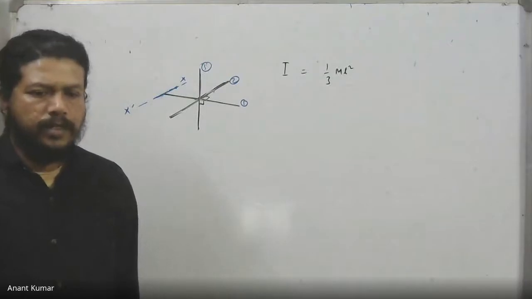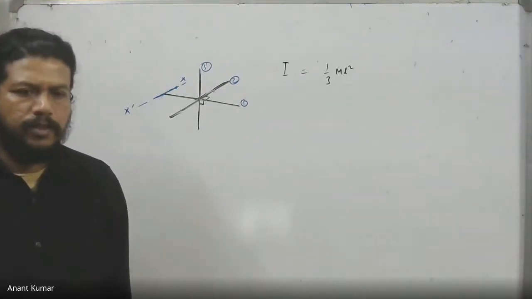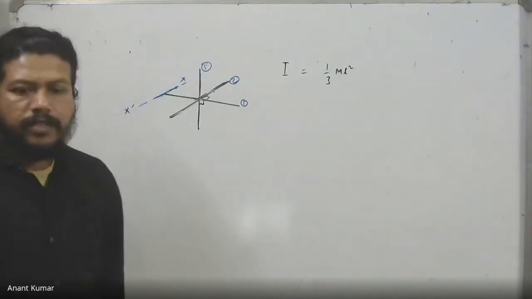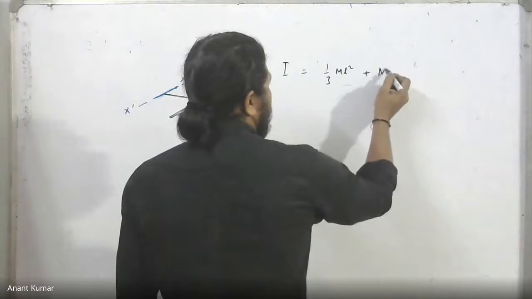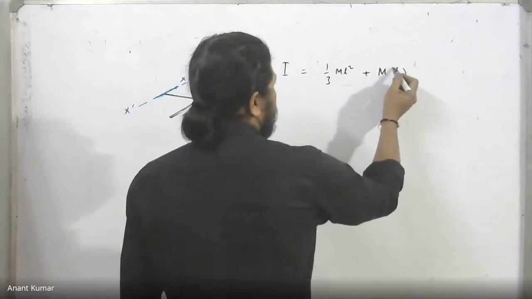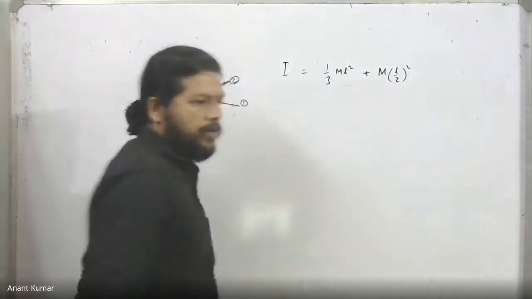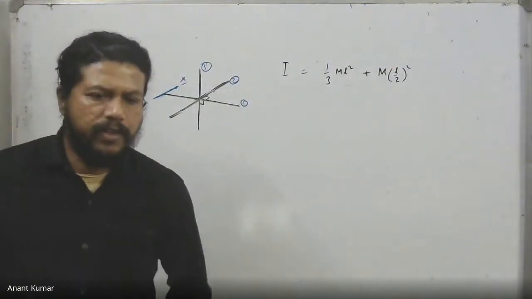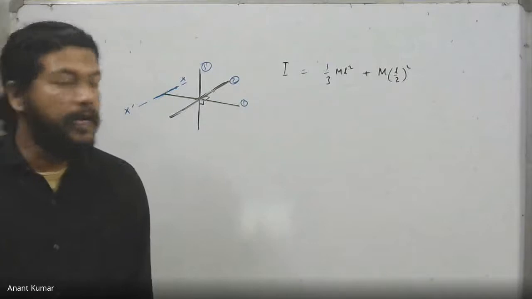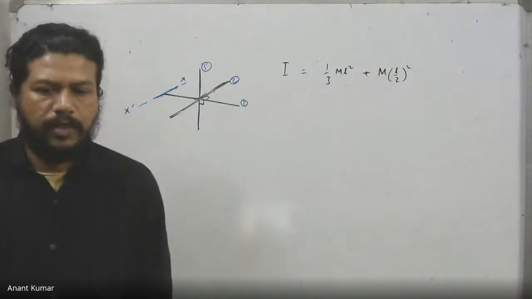Exactly L by 2 is the distance from the axis, which is the same for all points, which implies we could write m into L by 2 whole square. I'm just using the fact that all the points are located at the same distance L by 2. The moment of inertia is nothing but m into L by 2 whole square.